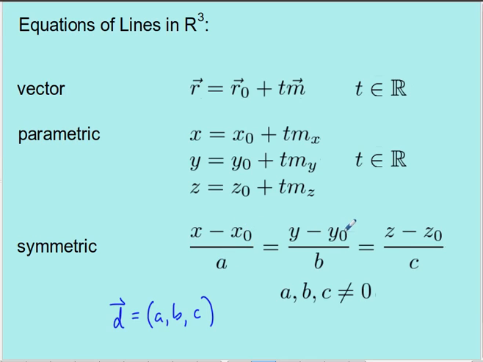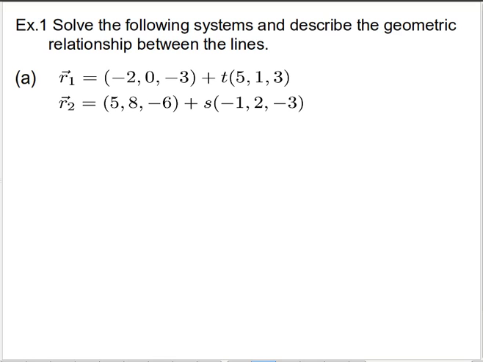And then x naught, y naught, and z naught, those are the coordinates of the point that the initial position vector points to. If you need to, you can go back and review these particular lessons. I just wanted to remind you of those.